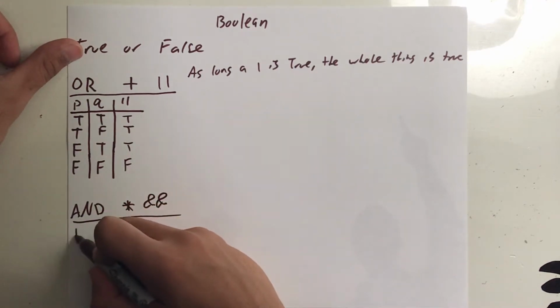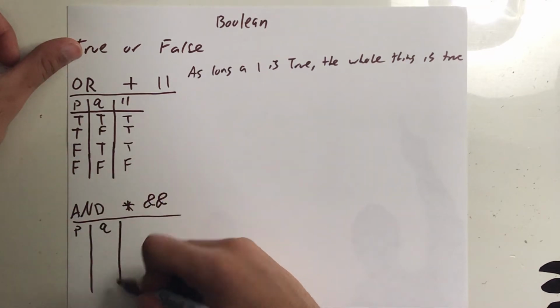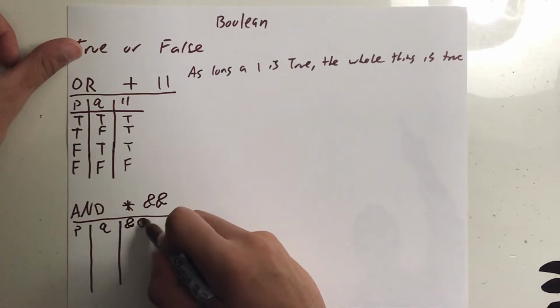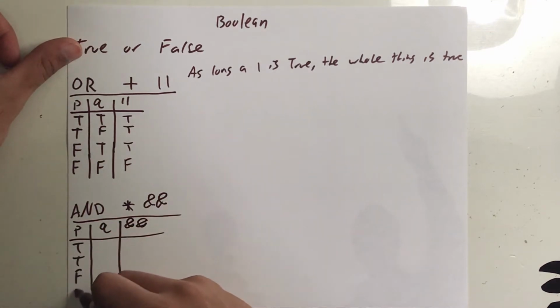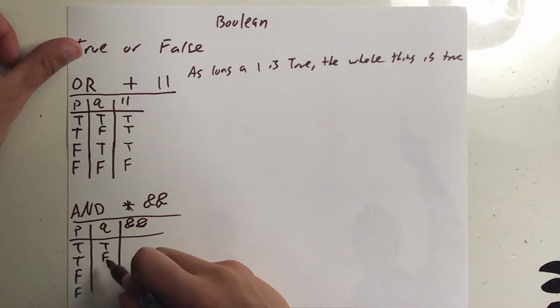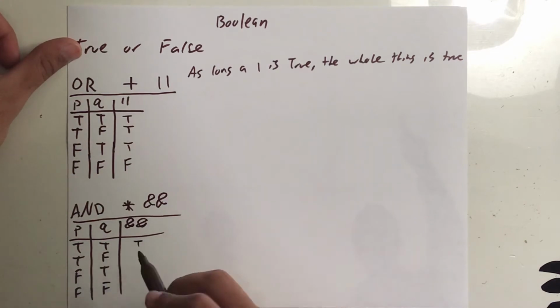So again, if we do our truth table, P, Q, and then we AND it: true, true, false, false, true, false, true, false. So true and true gives you true.